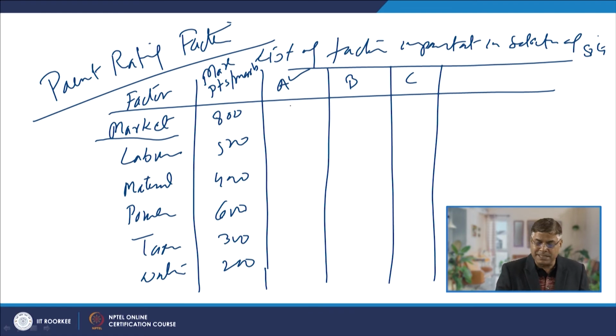If site A is very good, it will be rated say 750. If site B is moderate with respect to the market, it is rated 400. If site C is very poor with respect to proximity to the market, it will be rated say 150.